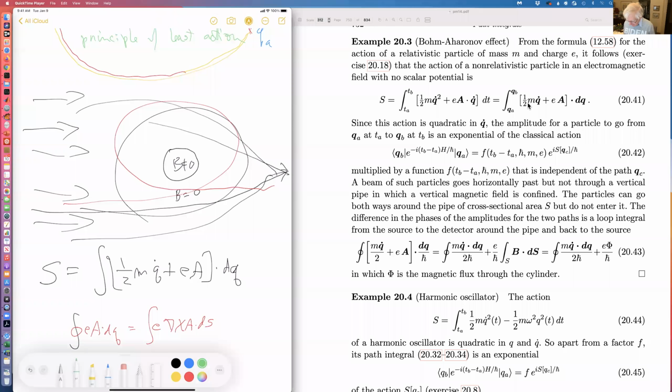So it's dotted into this surface area here. And this is in fact an integral of e, of course, B dot dS. And so this is e times the flux. And of course, what actually counts here is the action over h bar. So we have a 1 over h bar here.